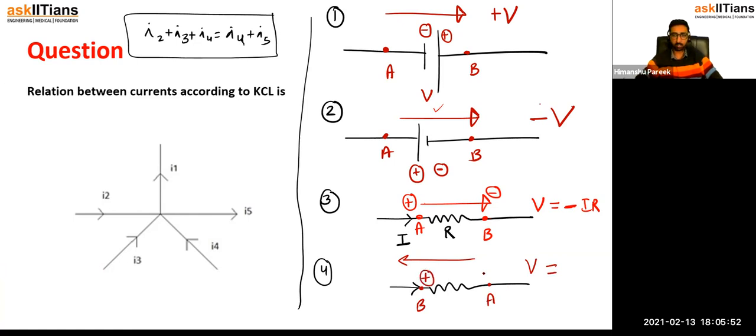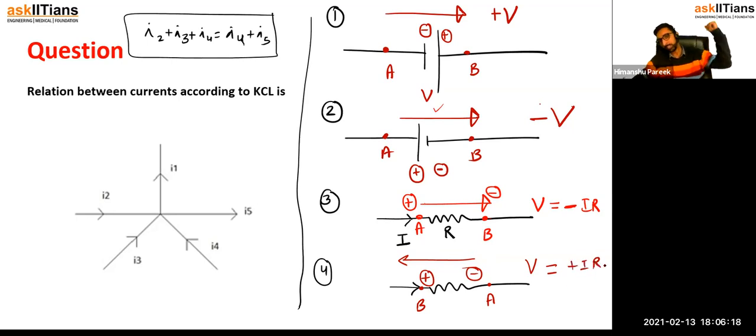This is the higher potential, this is the lower potential, because current goes from high to lower potential. When you're marking across the resistor, don't look at the battery, just look at the direction of current which you have taken. So now B must be the higher and A must be the lower. So if I write down the potential while going from A to B, it would be plus IR.